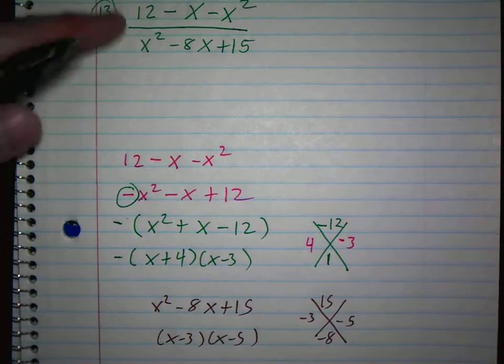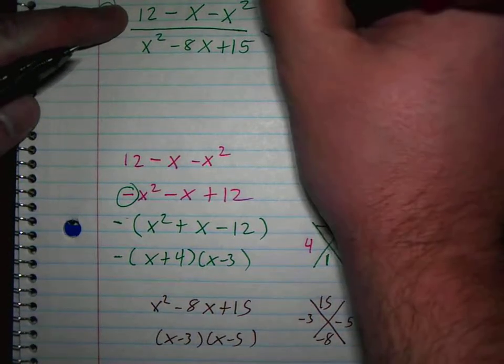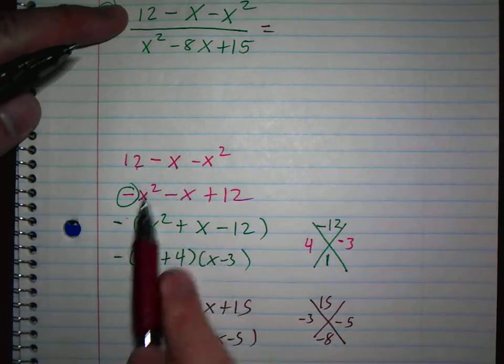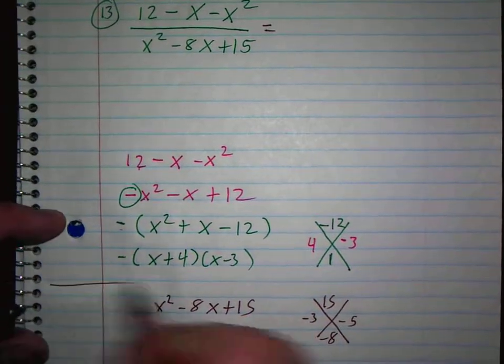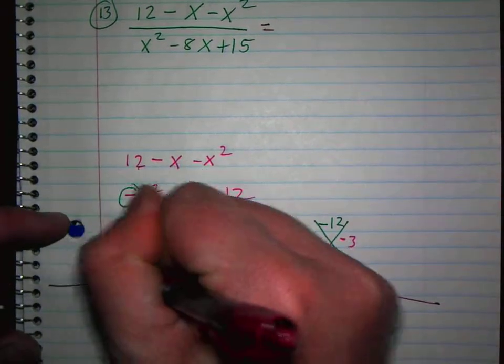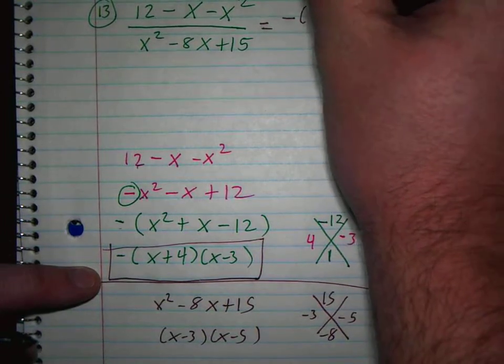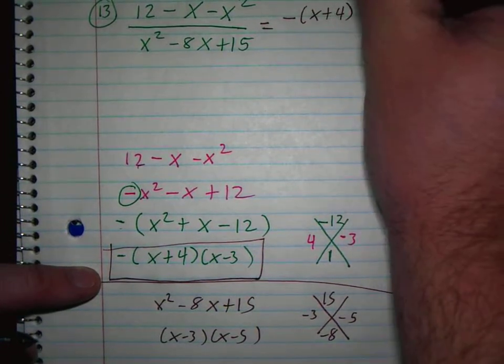Alright, so we factored the numerator. The numerator, 12 minus x squared, makes negative, break those up so we don't get those confused, that made this one, right? Negative x plus 4, x minus 3.